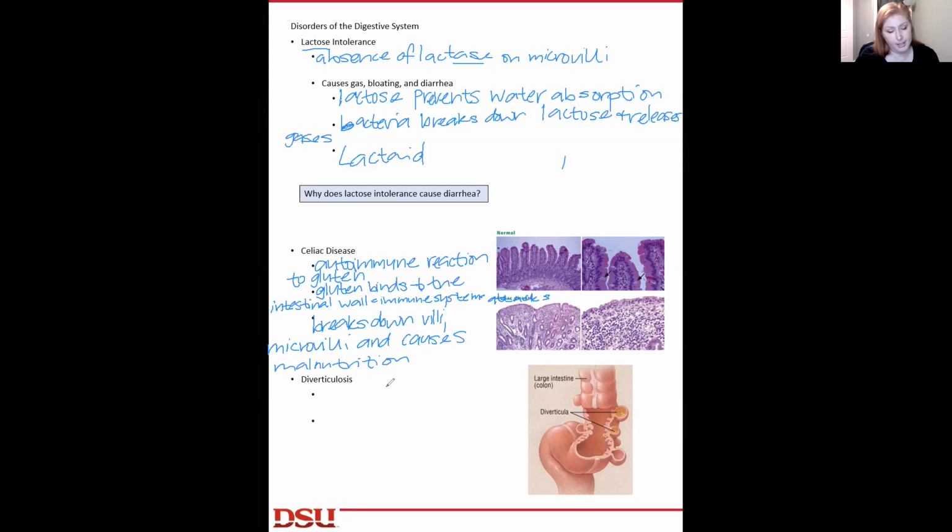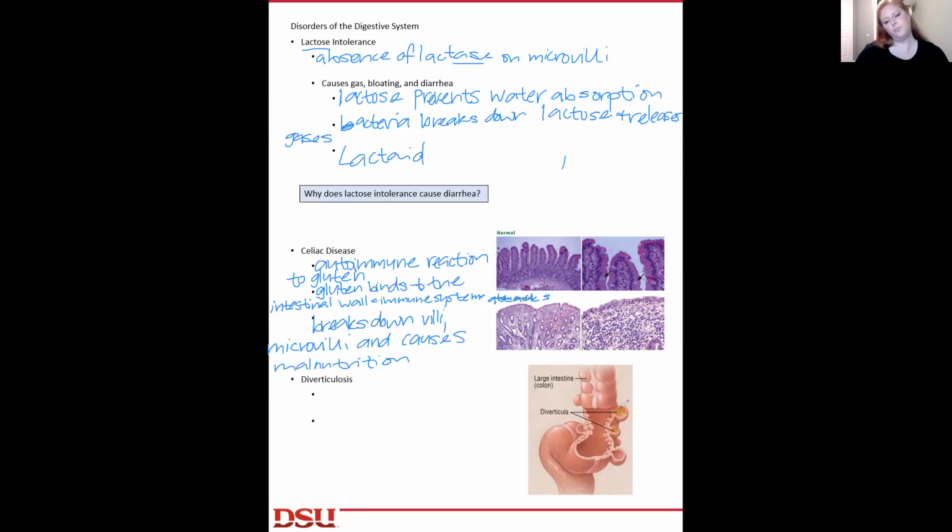We have diverticulosis. There's also diverticulitis, which one of them is more of a chronic condition, and one is kind of a flare-up. But in diverticulosis, portions of the mucosa layer actually end up kind of burrowing down into the interstitial layers.